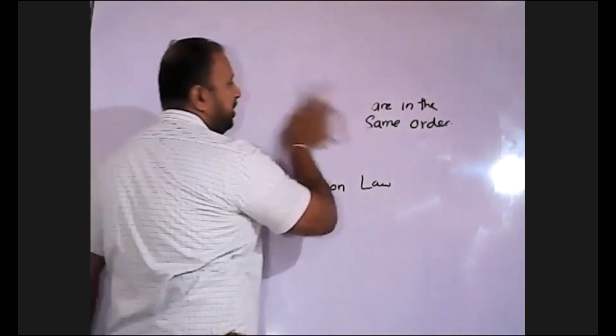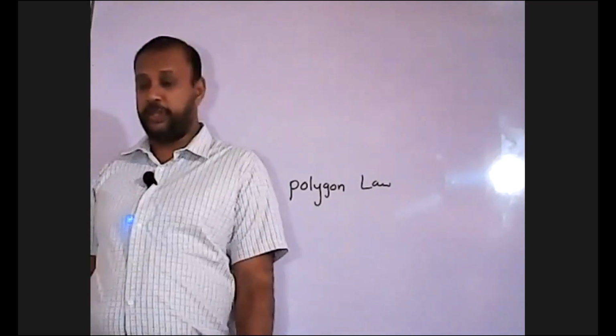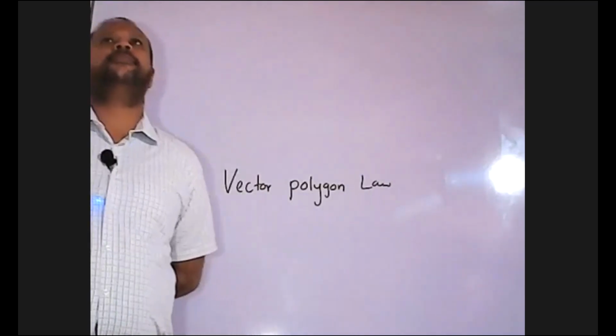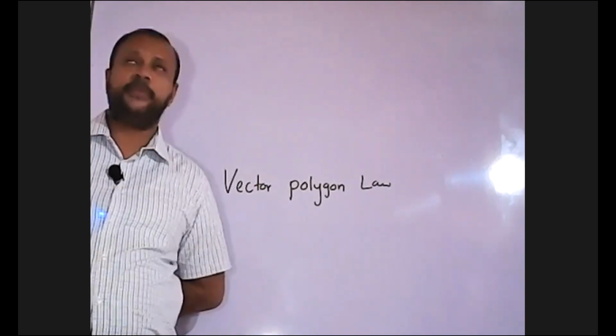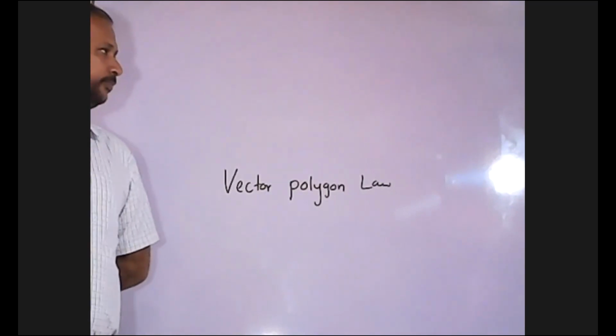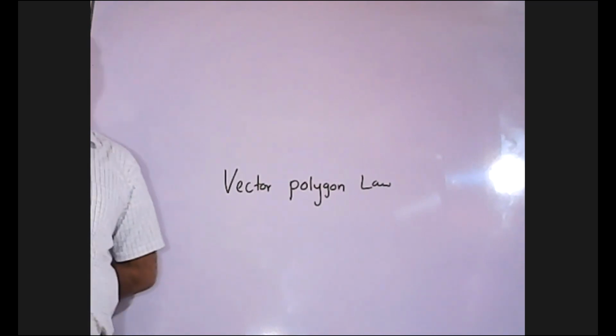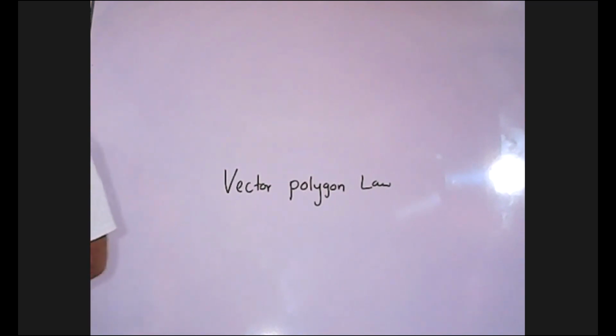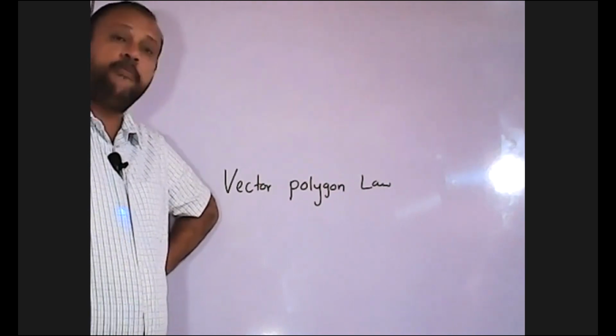Once we apply the vector addition theorem into a vector system, we will have a polygon shape.